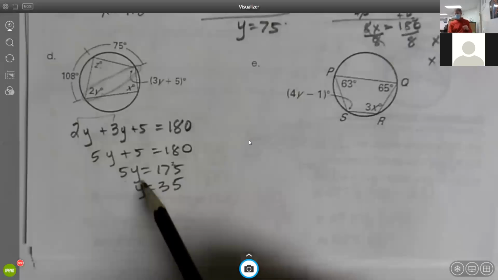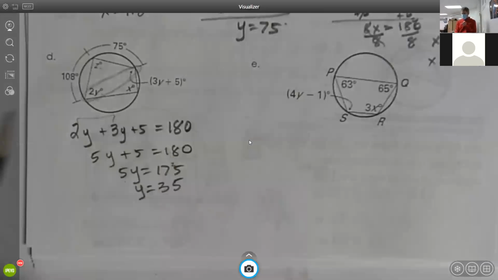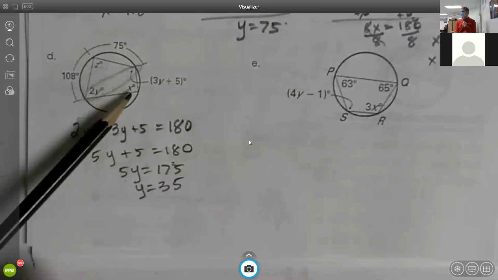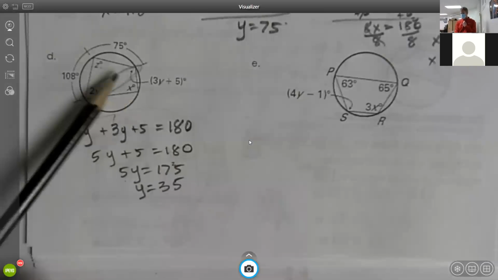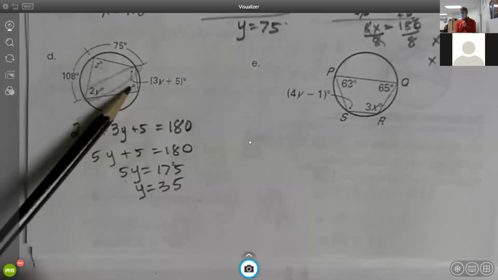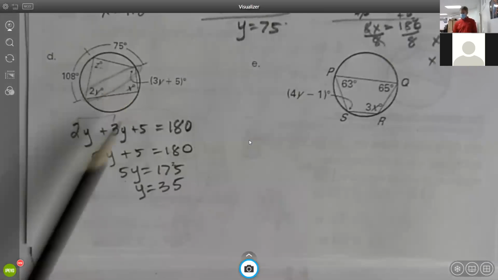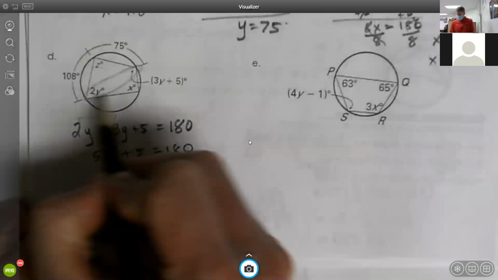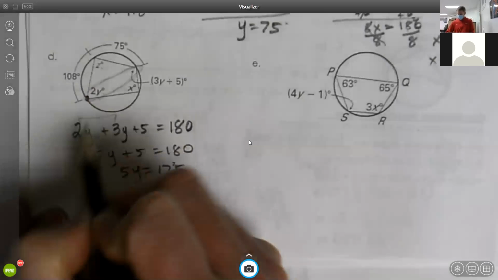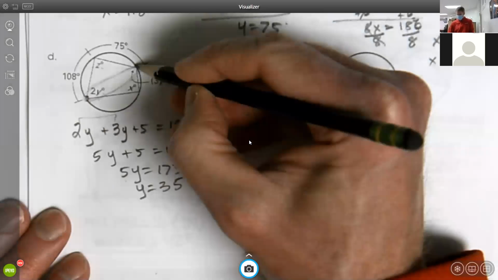But what happens to be tricky is when they are different variables. That's 2 unknowns, and you cannot collect like terms. But look at X. X opens up and touches here. X opens up and touches here.